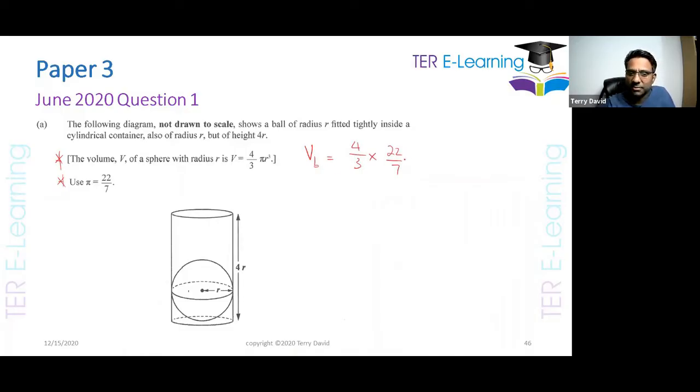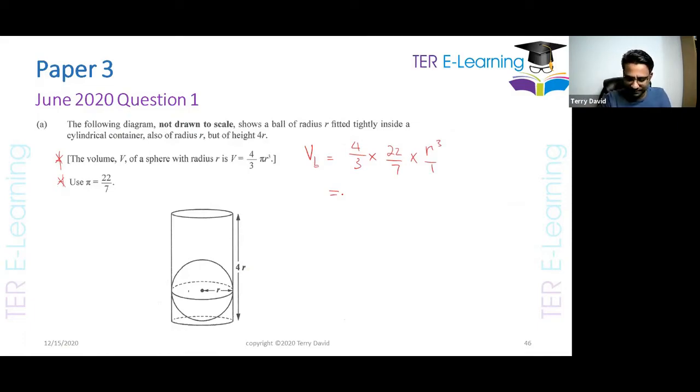So that's 4/3 multiplied by pi multiplied by r cubed, right? So we don't know what the radius is. They're telling us the radius is r. So we're just going to leave this as r cubed over 1, right? So let's work this out here. Now that's why your fraction calculator is important, right?